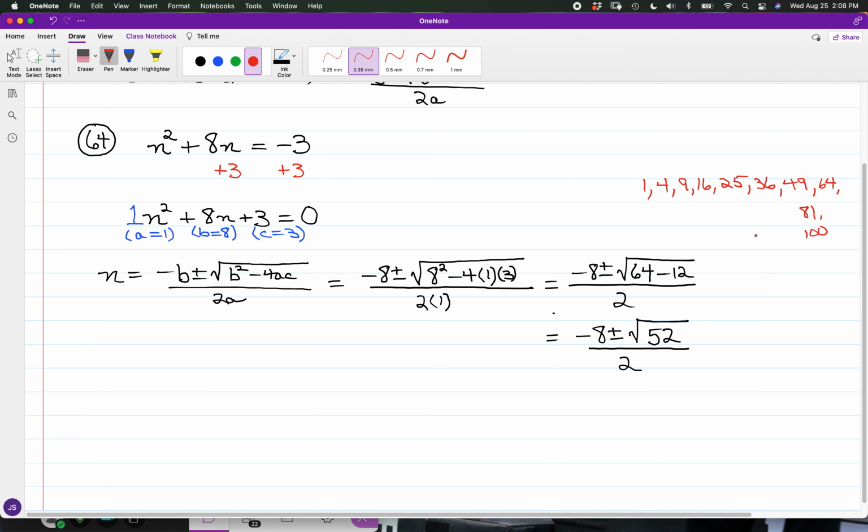Into the number 52, 49 won't go into it, 36 will not, neither will 25, 16, or 9, but 4 will go into 52 13 times.